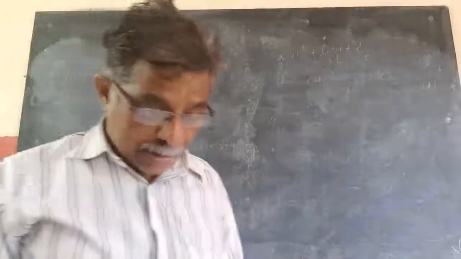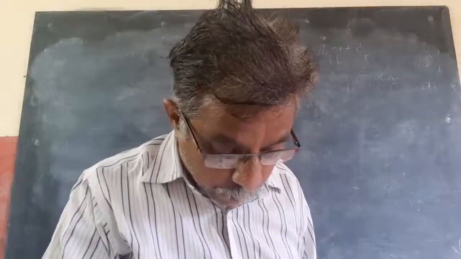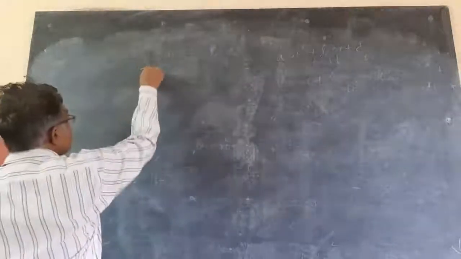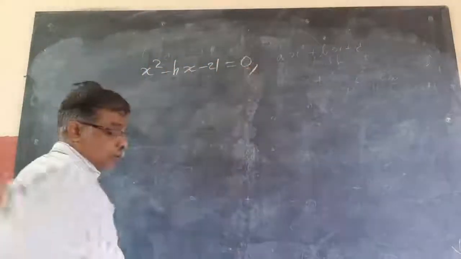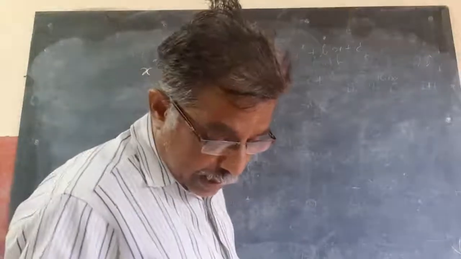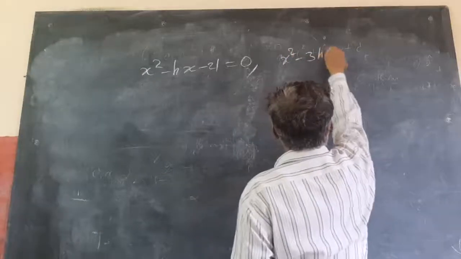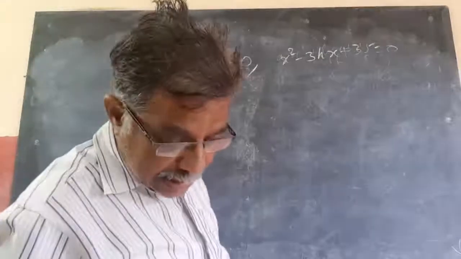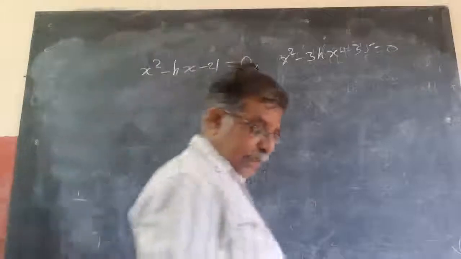See, one more example which is given in MSET 95. If the equations x square minus hx minus 21 equal to 0, and x square minus 3hx plus 35 equal to 0 have a common root, then h equal to dash.